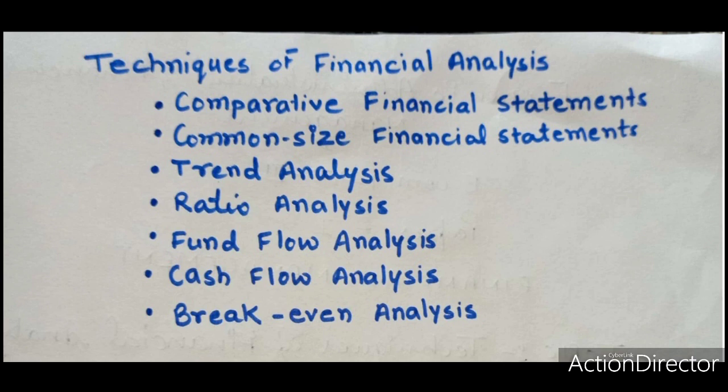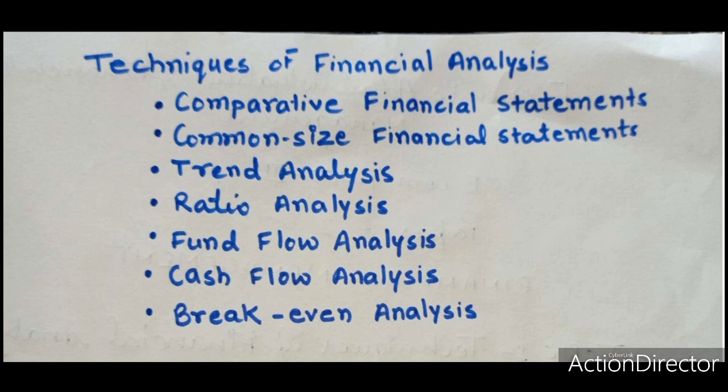The preparation of comparative financial statements is based on this logic that a statement covering a period of a number of years is more meaningful and significant than for a single year only, because financial data for 1 year represent only one phase of the long and continuous history of the firm.